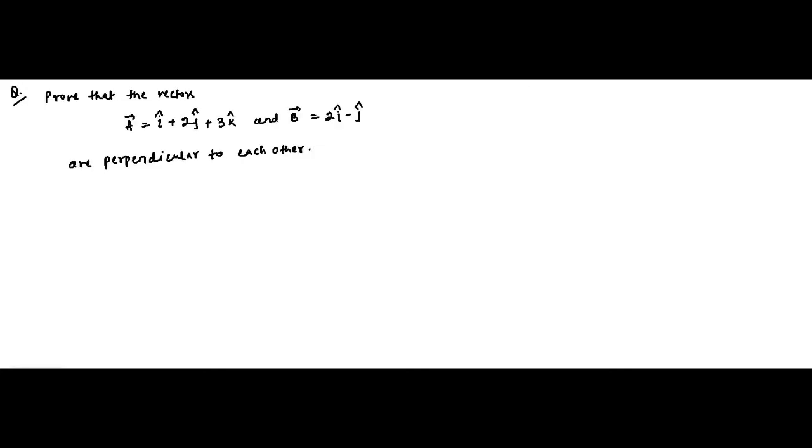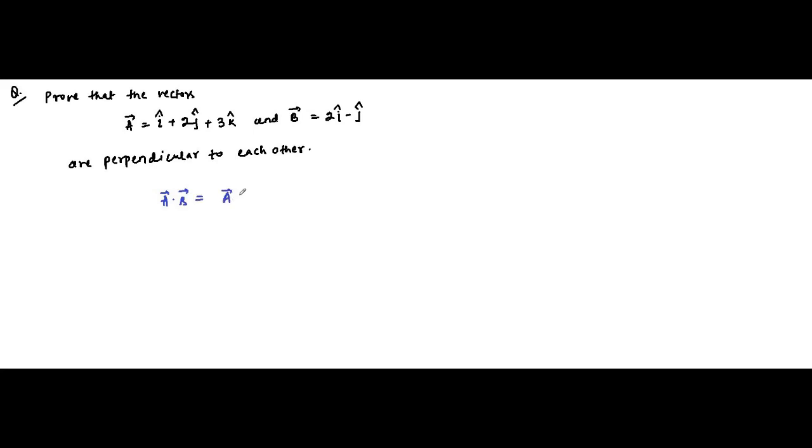So here we are with another question. Again, we have two vectors and we have to prove that the two vectors are perpendicular to each other or not. Again, very basic, very simple. We have to use the basic definition of dot product.